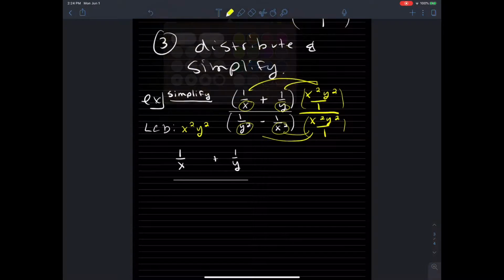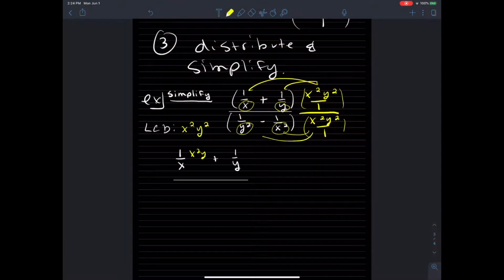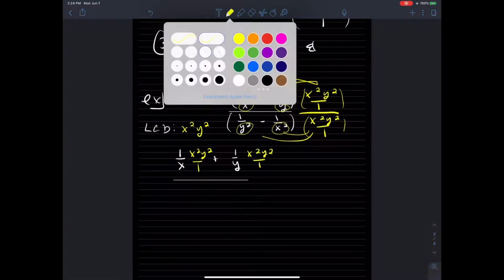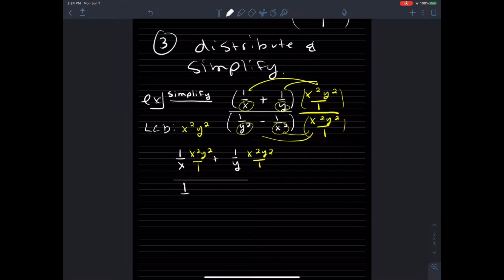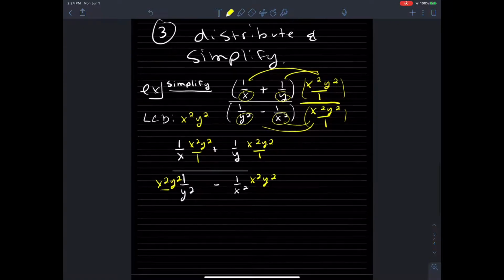And when I distribute, it's x squared y squared over 1, x squared y squared over 1. And on the bottom, we originally started with 1 over y squared minus 1 over x squared. And I take that x squared y squared and distribute it. It doesn't matter if you put it in the front or the back. And if you want to keep it over 1, that over 1 for both places is not really mandatory.